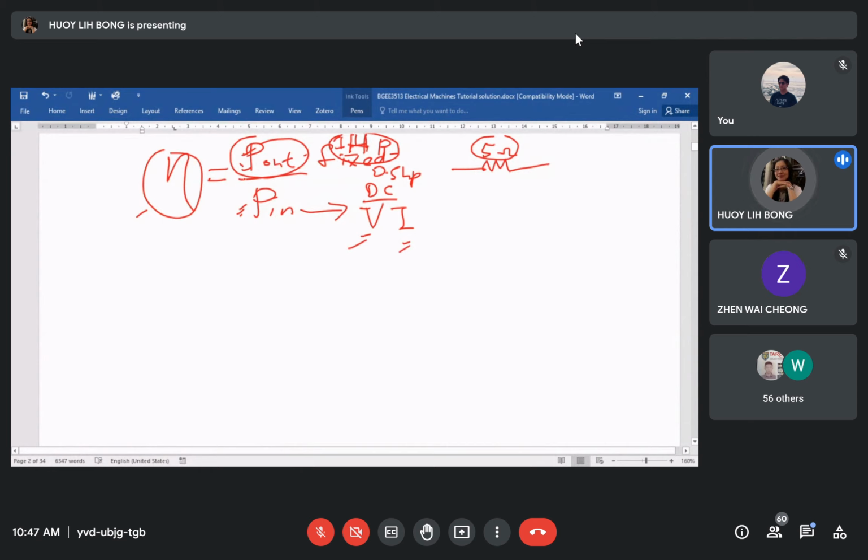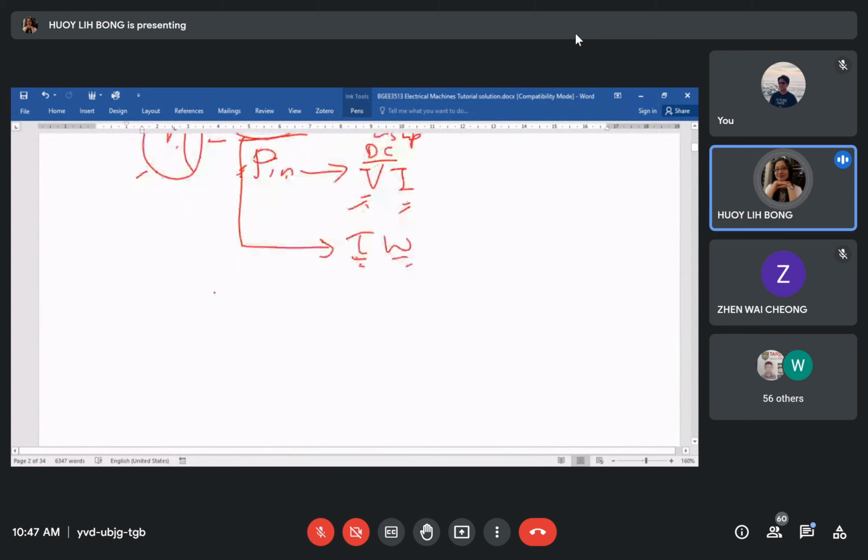And then output also is governed by the torque, okay, and the speed. Okay, if let's say you want to plot this also, the torque and the speed. So how many graphs will you have? 1, 2, 3, 4, 5, 6, 7 graphs.